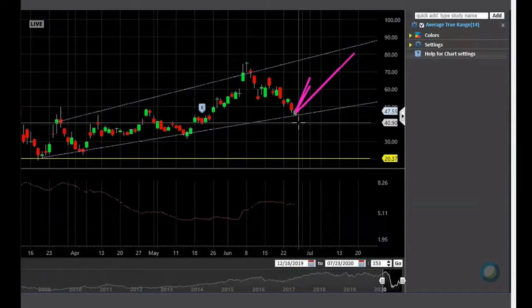Here's something I'm going to suggest that you take a look at. Do some research. I'm not saying do it, but do some research on this. Look to see how many times, if your stop lines up with a nice, easy number to remember, in this case $40, you get taken out and then have the position go up higher. Find that number out.